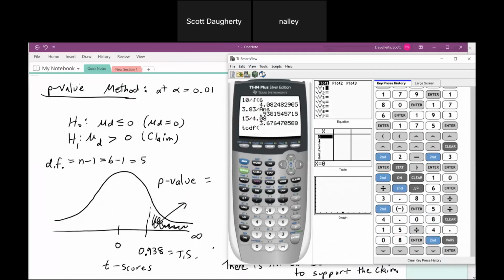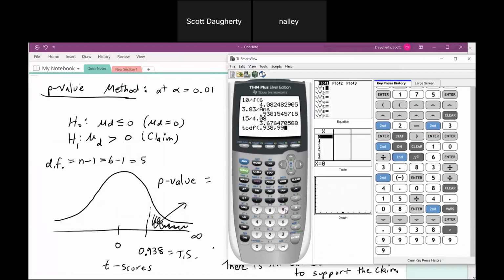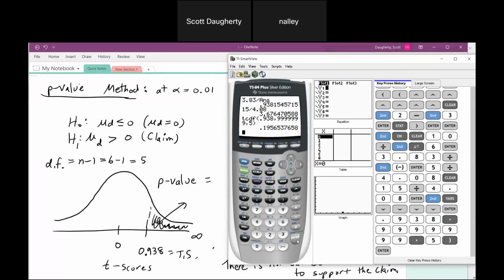So anyway, let's find it: 0.938 to infinity. We're finding the area between those two t-scores. Then the degrees of freedom again is 5, so you've got to put that in. At 5 degrees of freedom, the area in there is about 0.196.